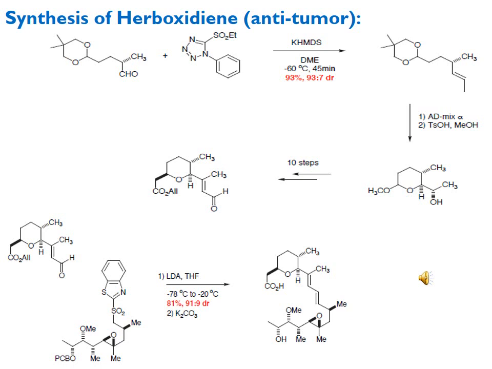This aldehyde group is further treated with a heterocyclic sulfone, which is converted into an alkene, and we get a conjugated double bond. You can see the red colored yields: first step 93% yield, and the second step is also 81% yield. So the yield of this reaction, the Julia-Kocienski reaction, is very good.